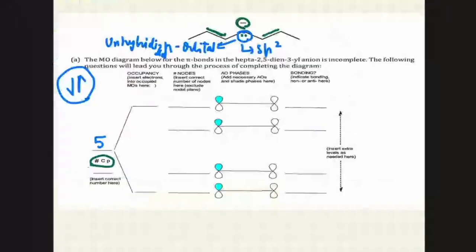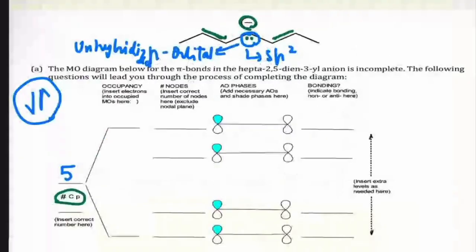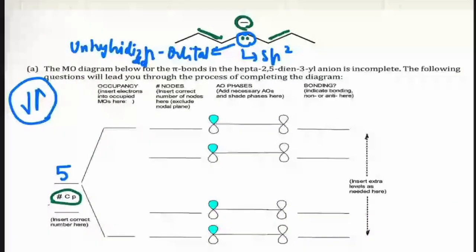Each of these unhybridized p orbitals is going to donate 1 pi electron, right? This p orbital over here at the start, each pi bond is 1 p orbital, so I'm going to put that in red wherever there is a p orbital.